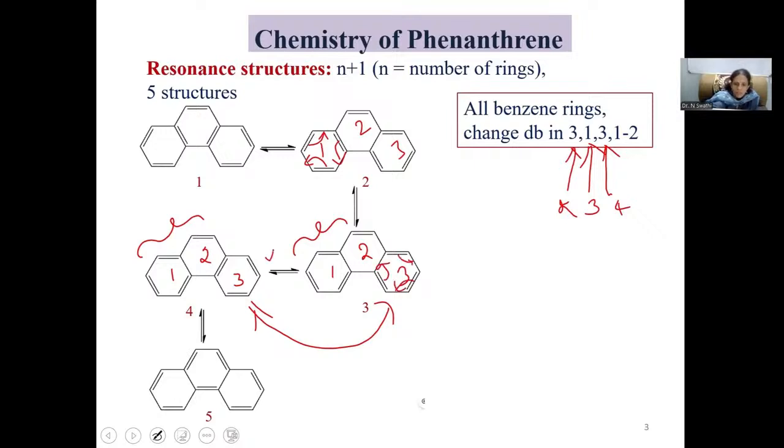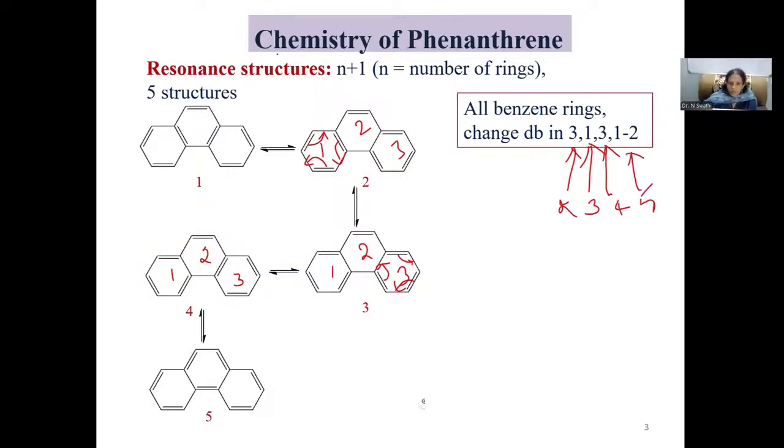In that way, you can write the other Kekulé structure for the third aromatic benzene ring system. The difference between the fourth and third resonance structures is only the double bond positions in the third aromatic ring. The remaining structure is the same. To write the fifth one, we have to consider the first structure.